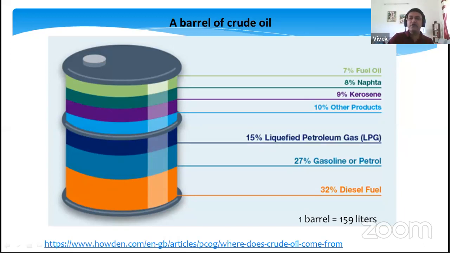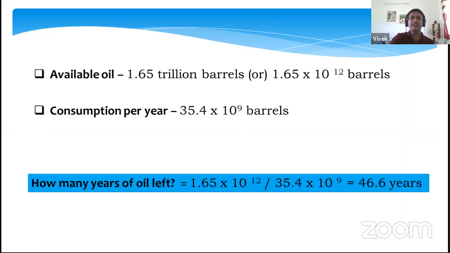About a third of it is diesel fuel, nearly 27% is petrol, and about 15% is liquefied petroleum gas, and the rest comprises fuel oil, naphtha, kerosene, and other products which we use to make petrochemical products, the common day-to-day products such as plastics and the detergents that we use for household applications. So all these are products from the crude oil which our forefathers, our ancestors, have given us.